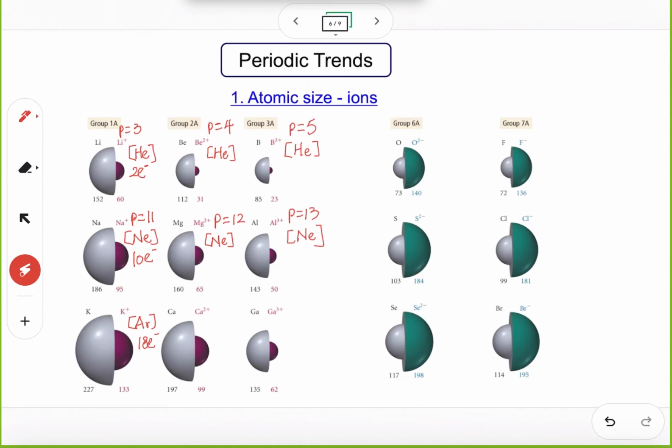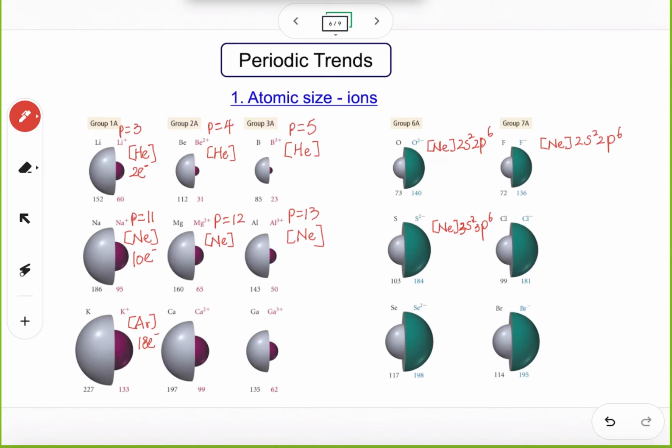Well, what's the reason? Again, let's take a look at the electronic configuration of O2-. Okay, it's neon 2s2 2p6. For F-, it's neon 2s2 2p6. For S2-, neon 3s2 3p6.